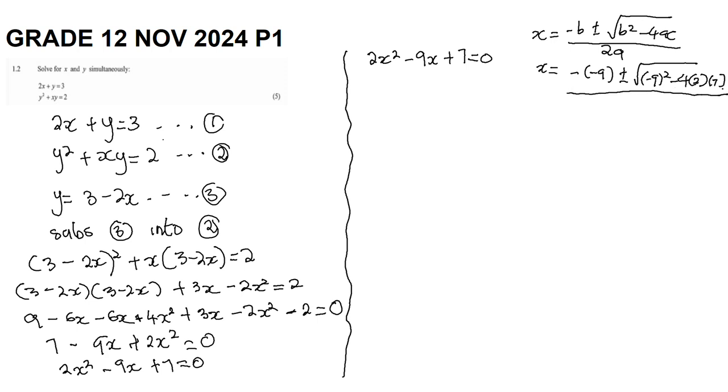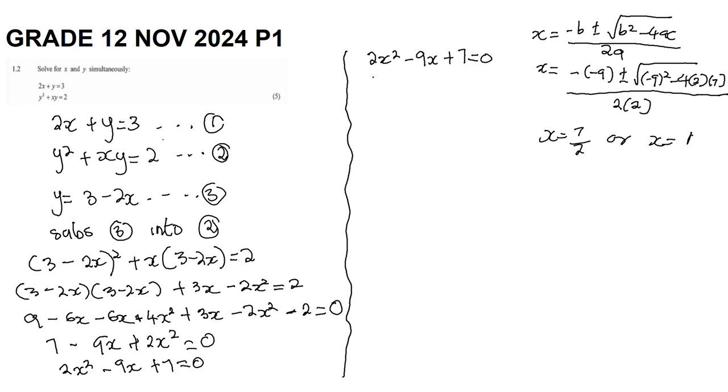And then you have all this divided by 2a, and our a, you know, guys, is 2. So just punch that on your calculator. You're going to have x equals 7 over 2, or x equals 1.